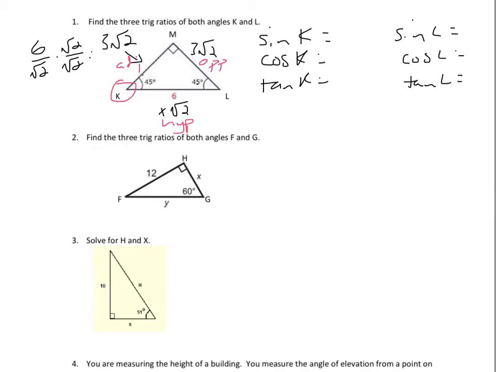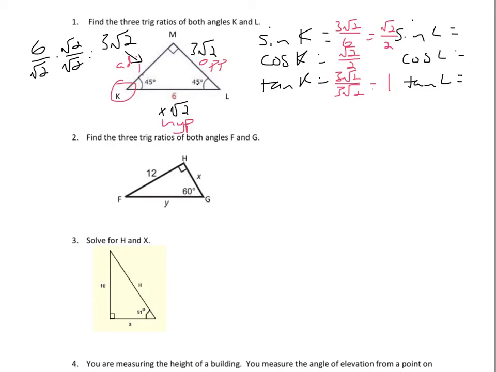Sine of k is 3 root 2 over 6, which is just root 2 over 2. Cosine of k is once again 3 root 2 over 6, which is root 2 over 2. And tangent of k is 3 root 2 over 3 root 2. Anything divided by itself is 1, so it's going to be 1.